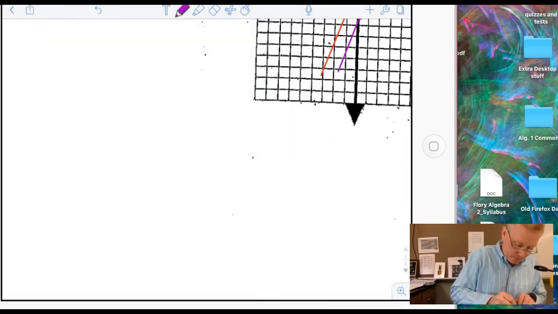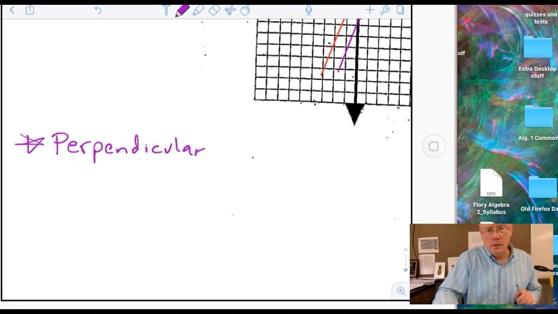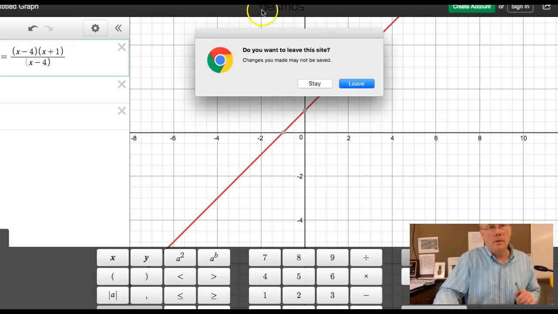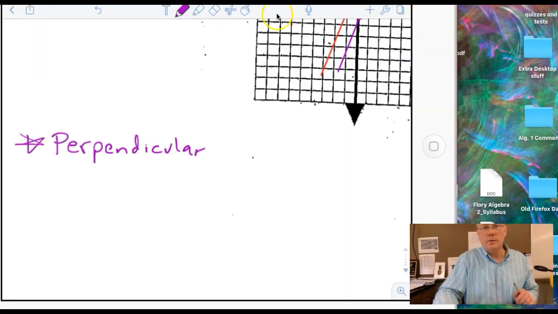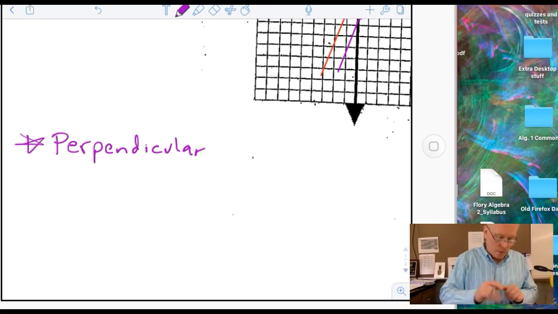Perpendicular lines, big star. Perpendicular lines have slopes that are negative reciprocals.